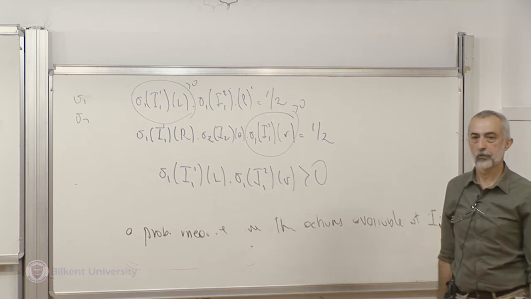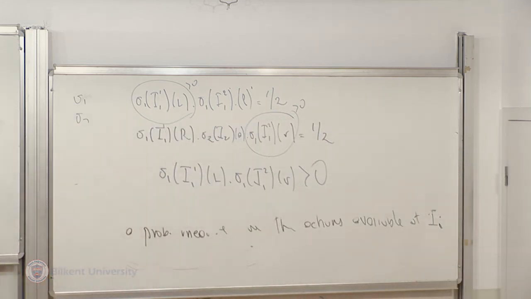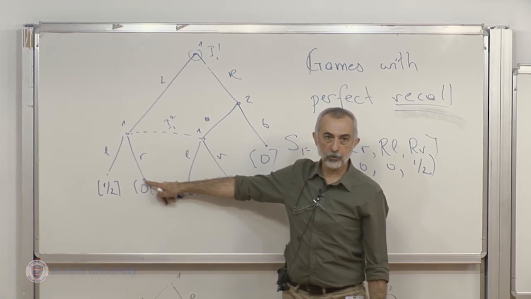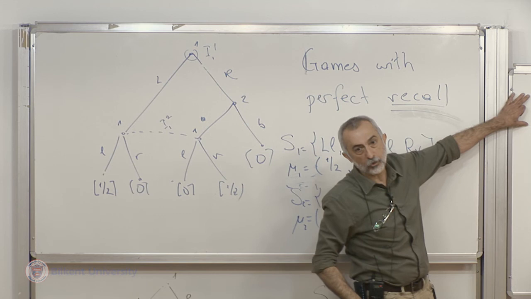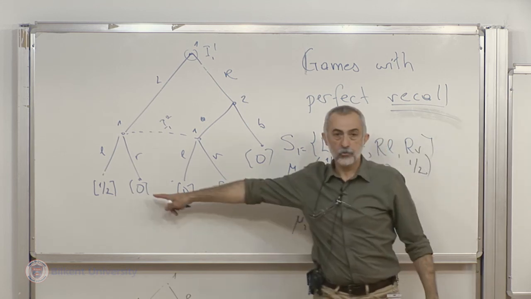But what is that? That's the probability of this terminal history, this outcome, being realized when this behavioral strategy is used. But it should have been 0. It's not.